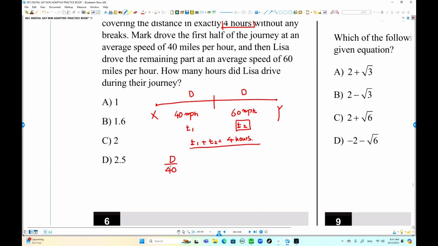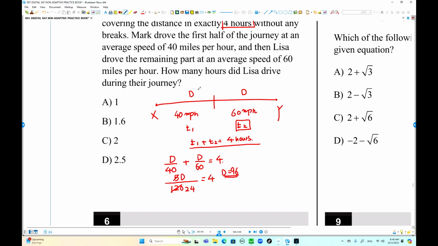Second half, d over 60. That is total hours of 4 hours. So this is 120, the least common multiple, right? 40 and 60, 120. This is times 3d, times 2 is 2d, total is 5d equals 4 times 120. So maybe you can simplify that to 24, right? So d equals 96.